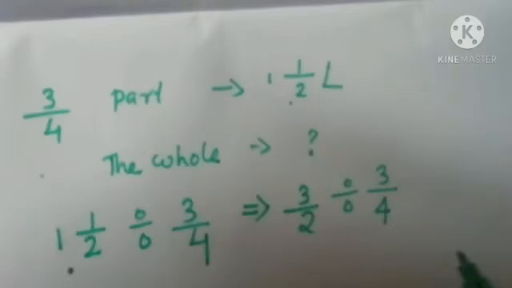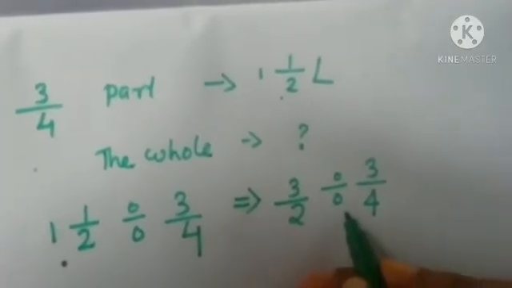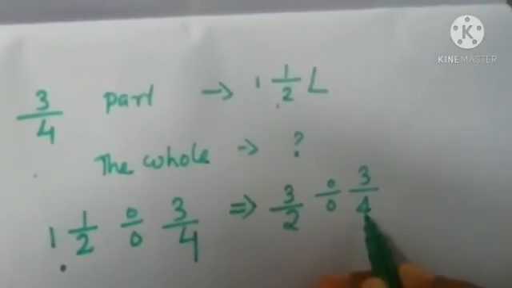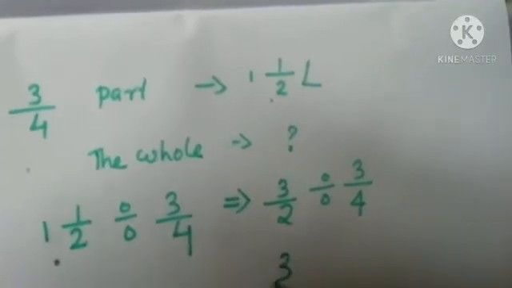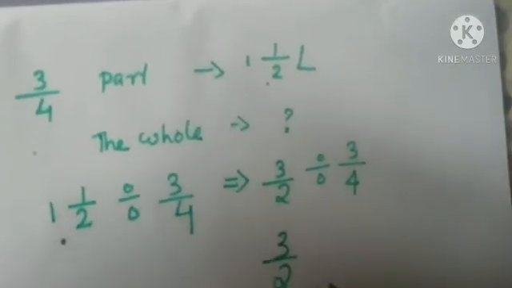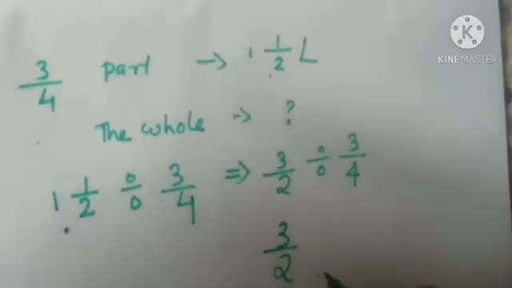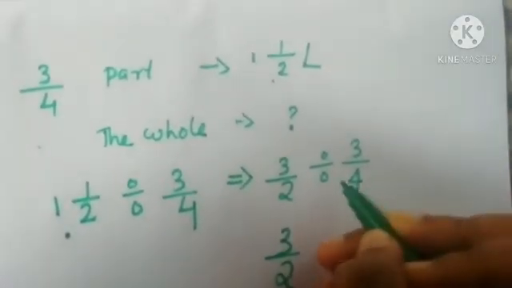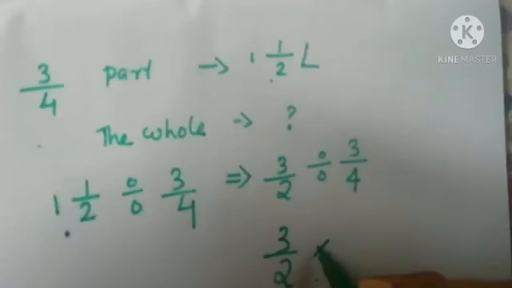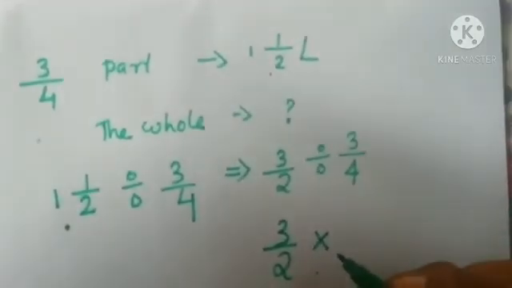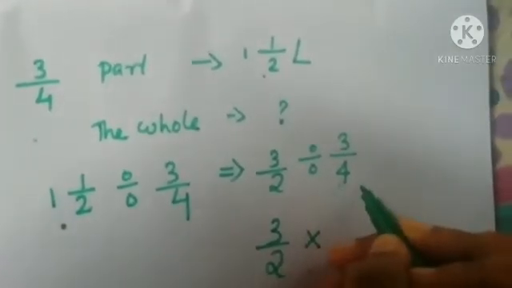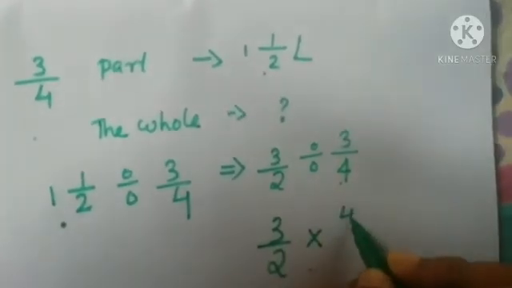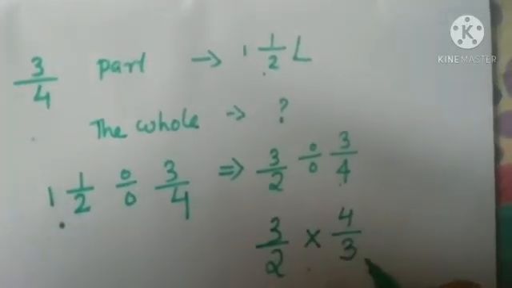This is another trick. When we divide two fractions, the first fraction should be kept the same. Then the division will be changed into multiplication. Then the second term should be reversed, that is 4 by 3.